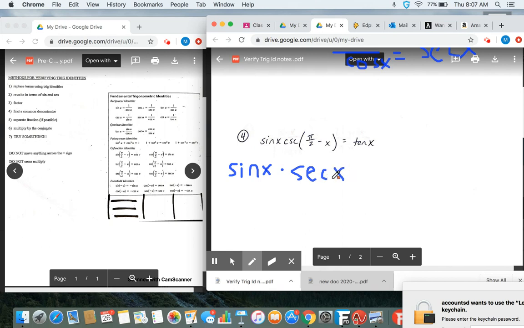All right, so we need to get tangent somehow. I get it, maybe we're a little lost right now, so we continue to refer to these methods. The one that's going to be the most important for us is, let's just rewrite in terms of sine and cosine and see what we get. So I'm going to rewrite this. I'll just bring down the sine x.